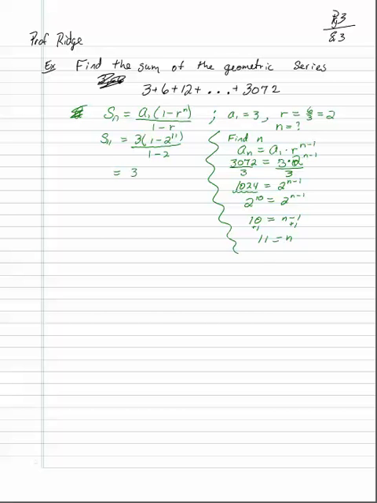So we're going to get 3 times 1 minus 2 to the 11, equals negative 2047, and then divided by negative 1. So that's 6,141.